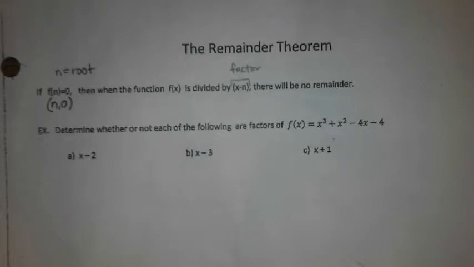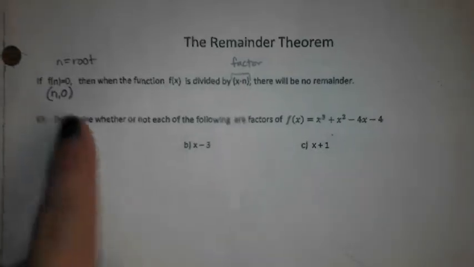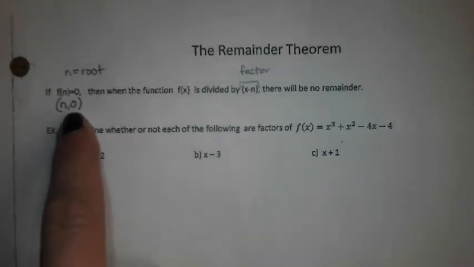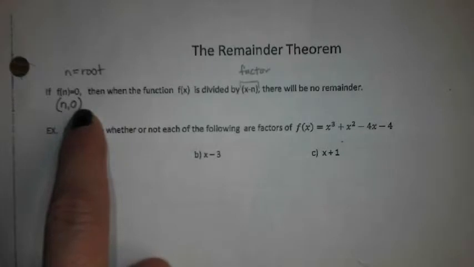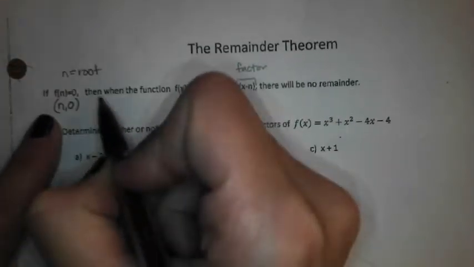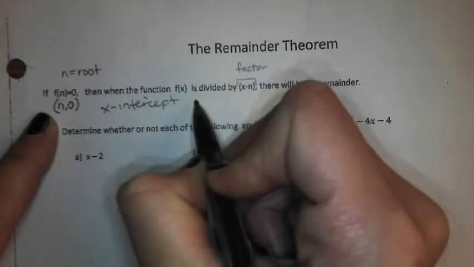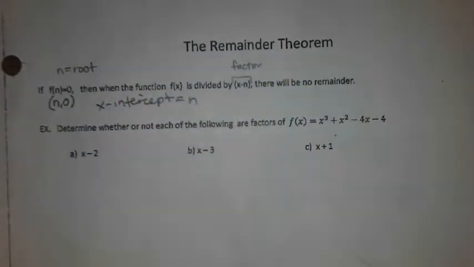Okay? If when you plug a number in you get 0, aren't we accurate in saying if the y-coordinate is 0, we have an x-intercept at n, right? Y-coordinate of 0, x-intercept equals n. And if n is an x-intercept, then it is a root. If it is a root, then x minus n is a factor. And therefore we have no remainder.